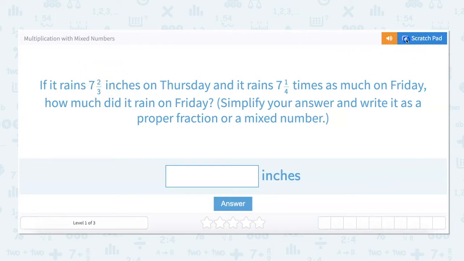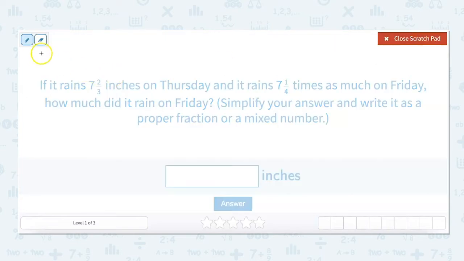So the way that we do that is, if we're working with 7 2/3, we need to turn that into an improper fraction. You turn it into an improper fraction by first multiplying the whole number, so 7 times the denominator, which is 3.